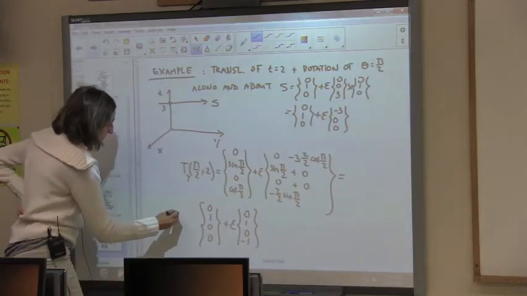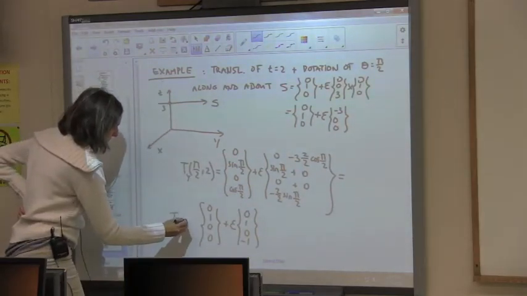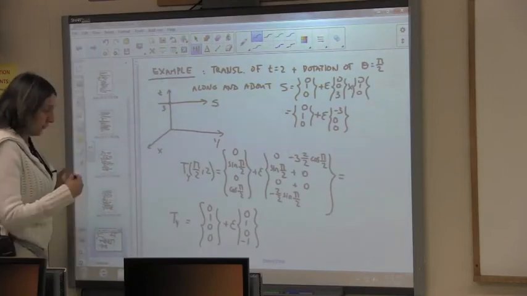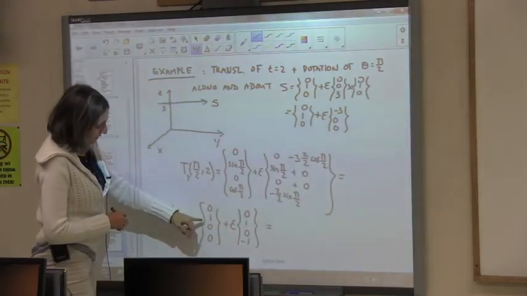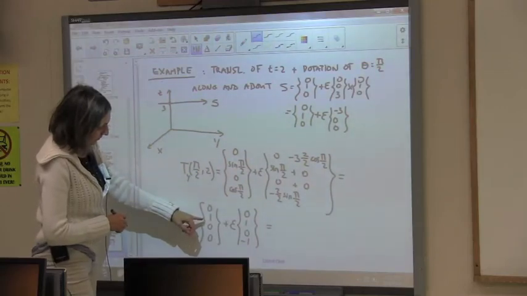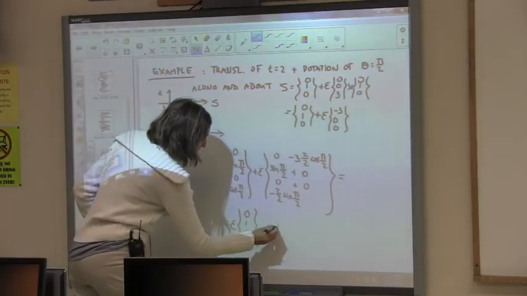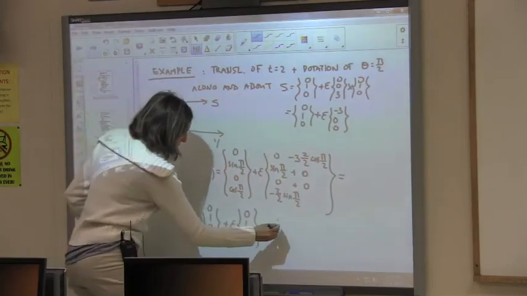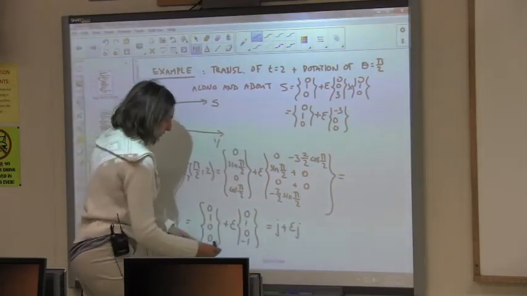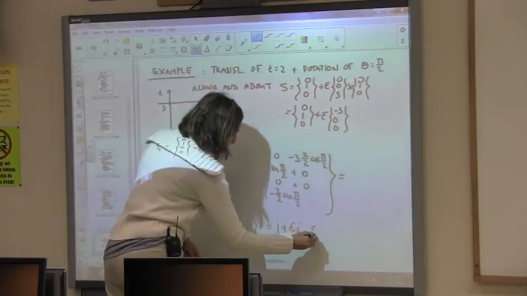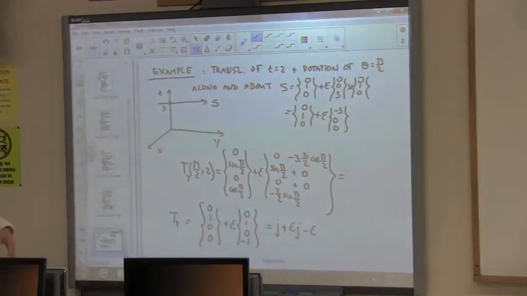This is t. Or if you want to express it using the units, we have j plus epsilon j minus 1.